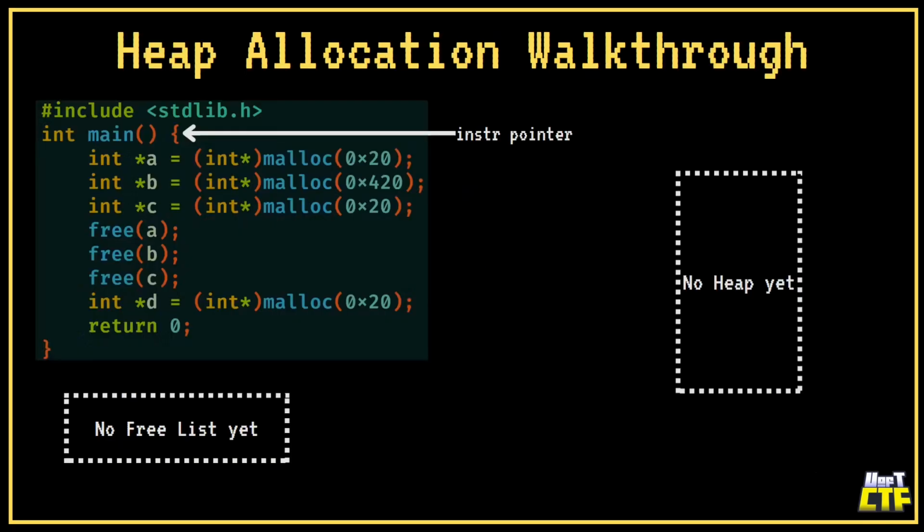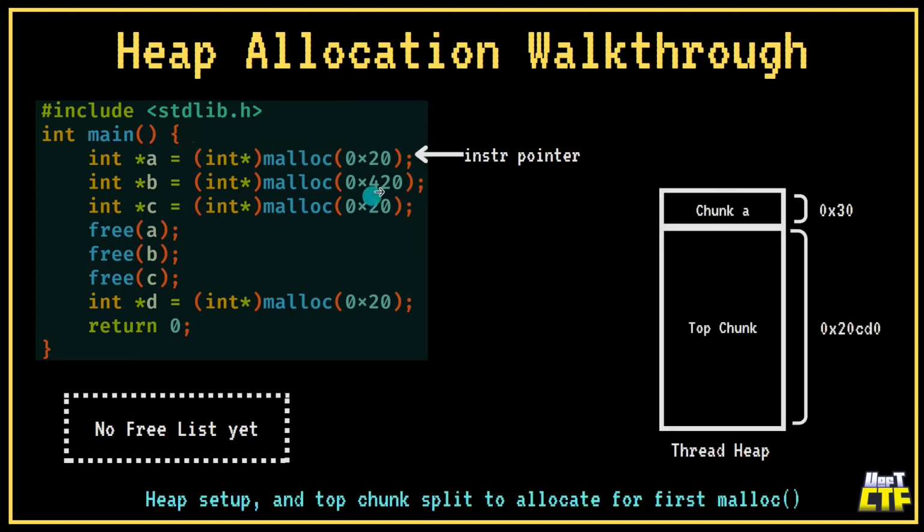But yeah, we're going to go for a walkthrough of how memory is actually allocated onto the heap. We're starting at main, so we haven't done anything yet, and we go to the next one. Here we have malloc. Once we call malloc, the heap is created. The first malloc call will create the heap, and it's requesting a size of 0x20.